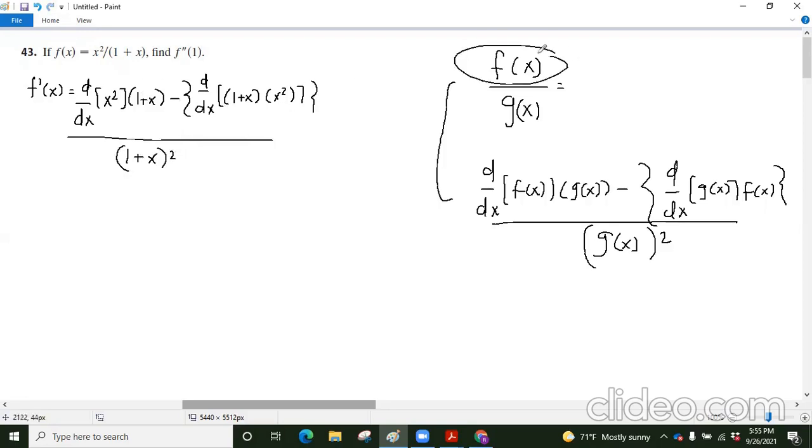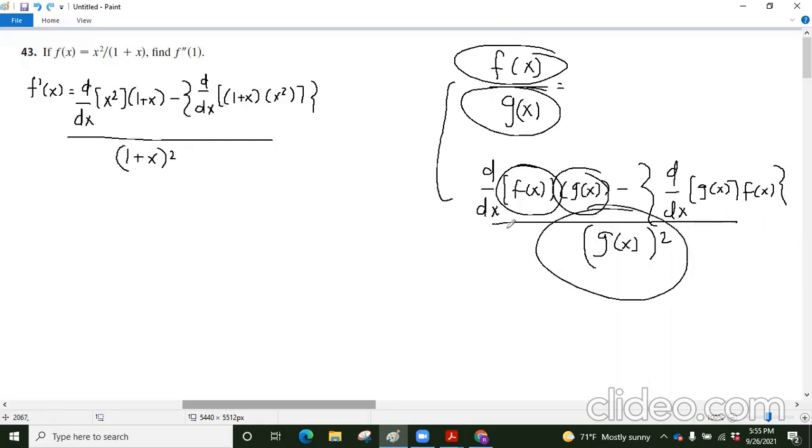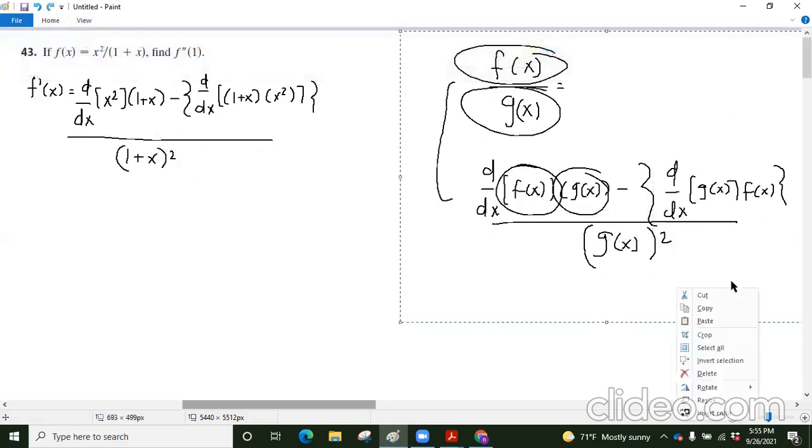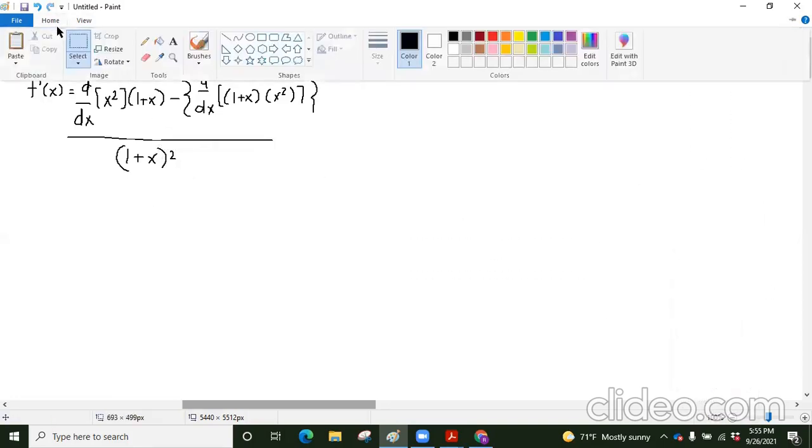So you can see that we had f of x, we had g of x, f of x times g of x, and then minus g of x times f of x, over g of x squared. That's the idea. And we'll continue on with this.